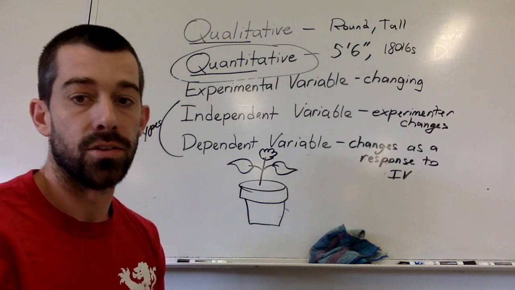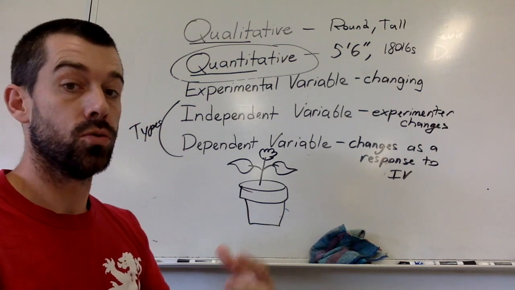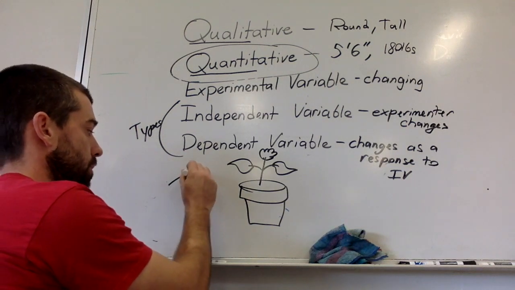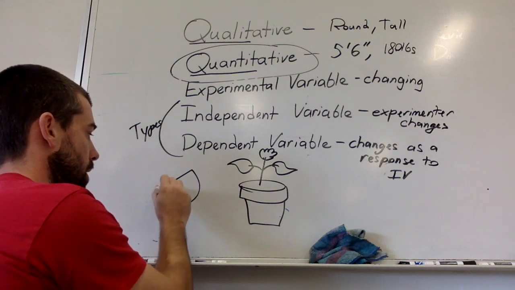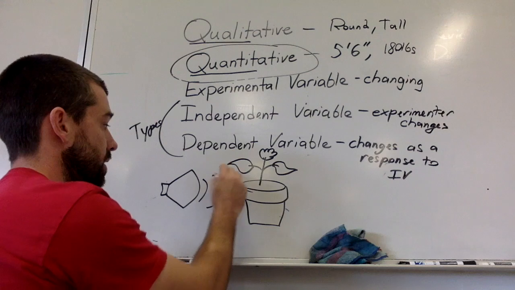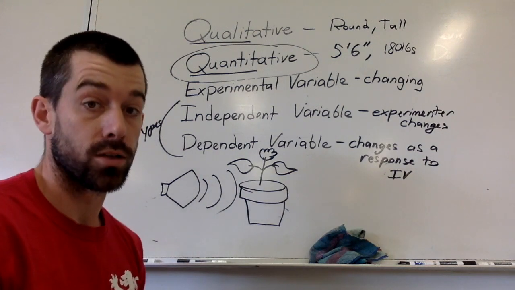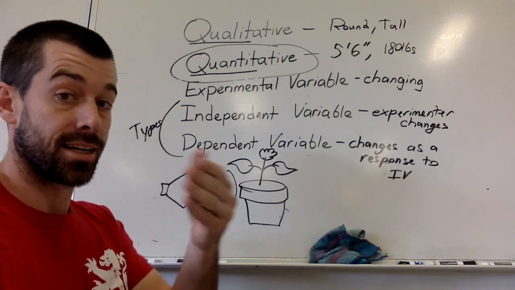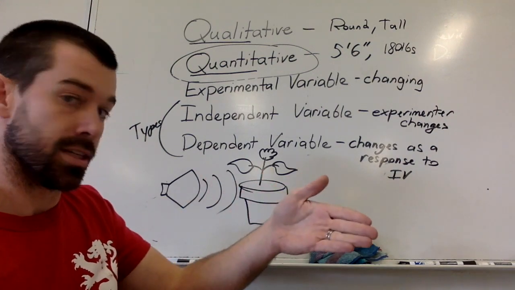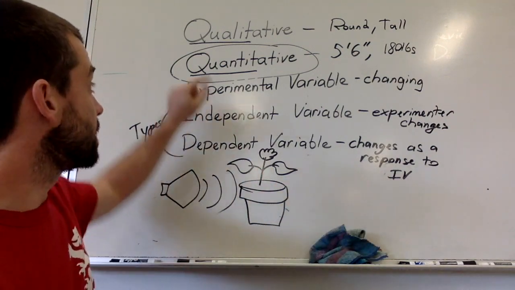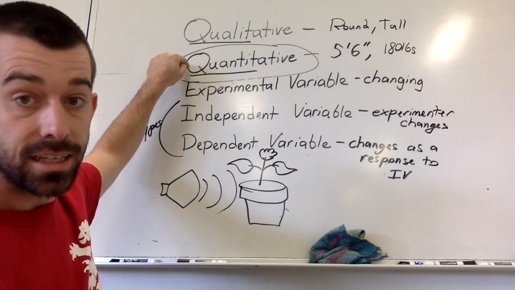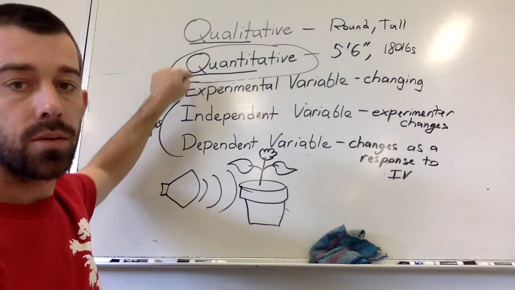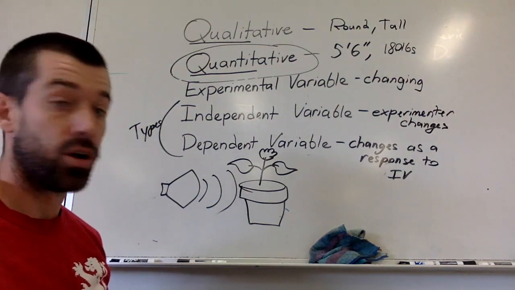Okay? And so you're going to do what? You are going to play music. And you need to come up with something quantitative about that music you want to test. For example, keep in mind, in physics, we would not want to test classical versus rock versus country, because that is not a quantitative value. That would be a qualitative value. Instead, we might want to change different volumes.